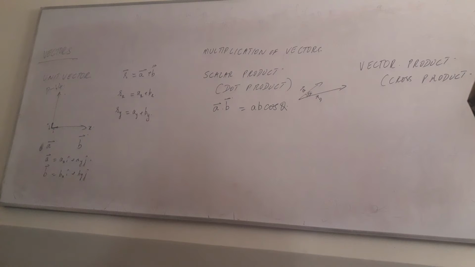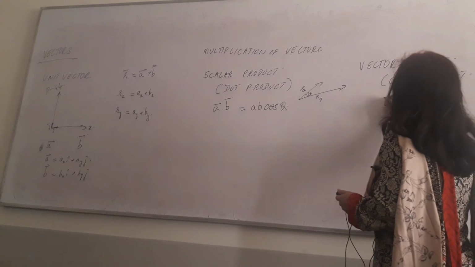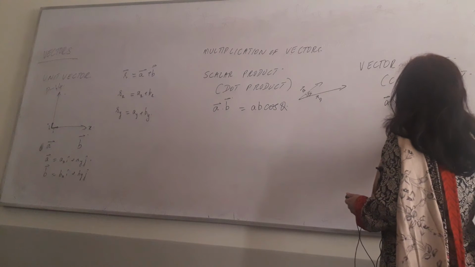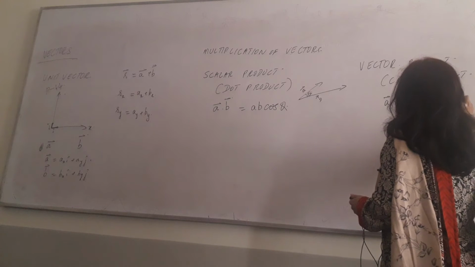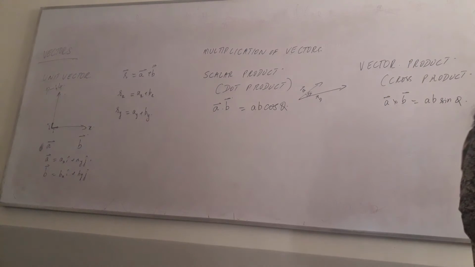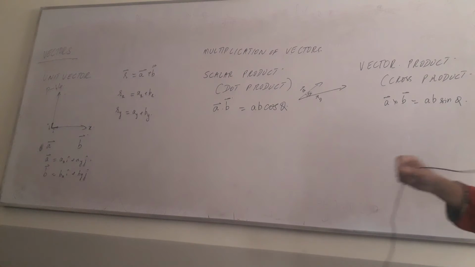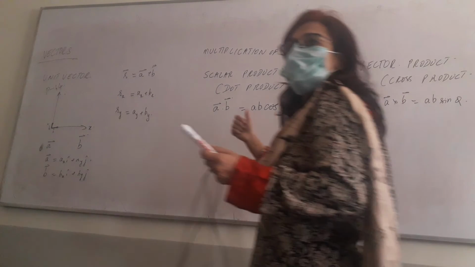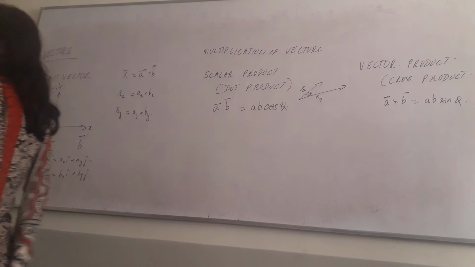In this case the formula is A cross B is equal to AB sin phi. This is the formula, but it has a certain direction which is represented by the right hand rule. What is the right hand rule?